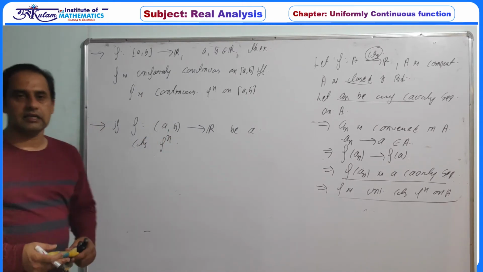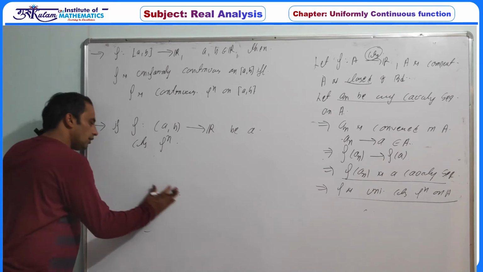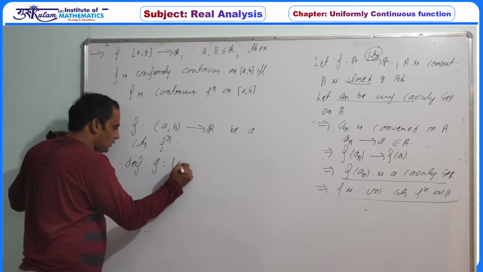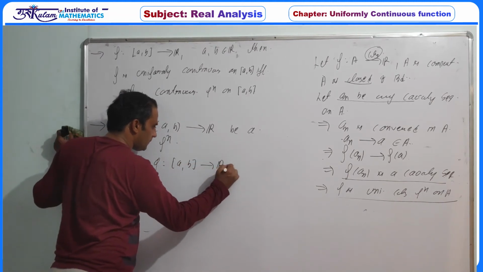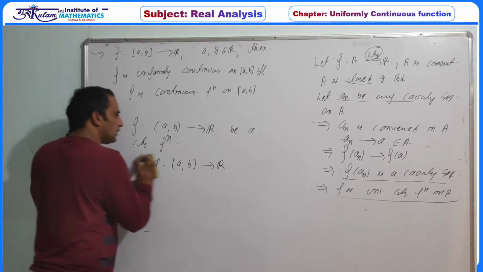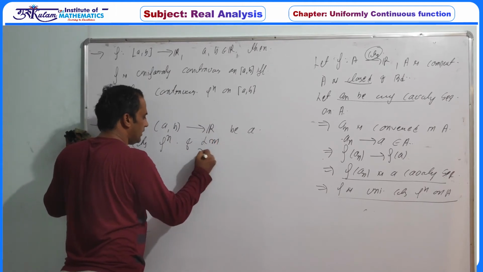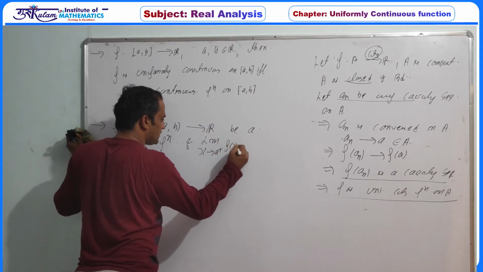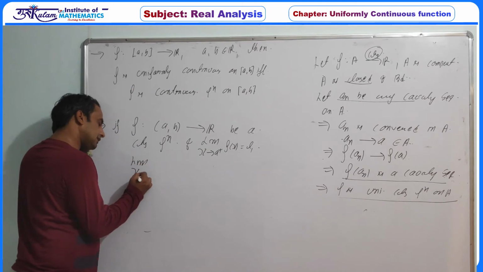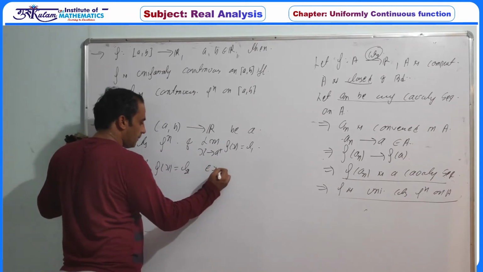So we are taking any continuous function which is defined from an open interval (a,b) to R. Then, the extra information is that the limit as x tends to a from the right of f(x), say this is L1, exists, and also the limit as x tends to b from the left of f(x), say this is L2, again exists.